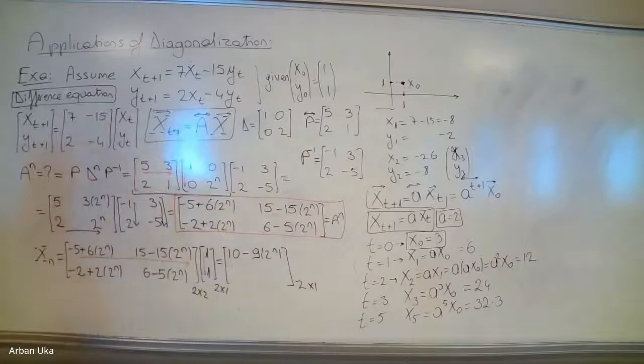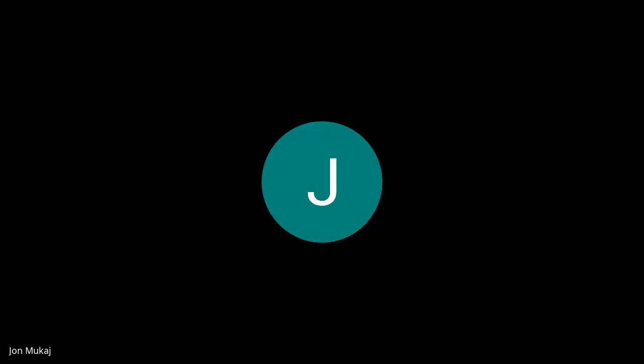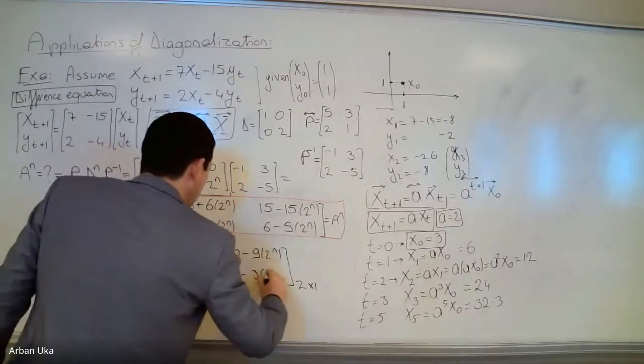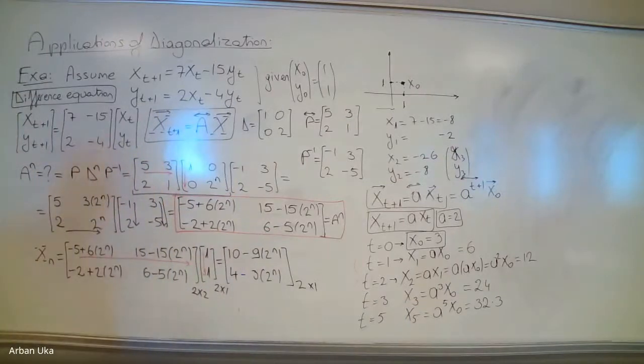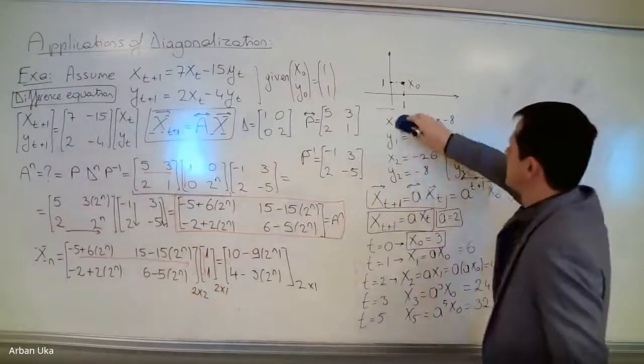Okay, and then the other number we get is 4 minus 3 times 2 to the power n. Okay, so this is the new coordinate at each subsequent instance.